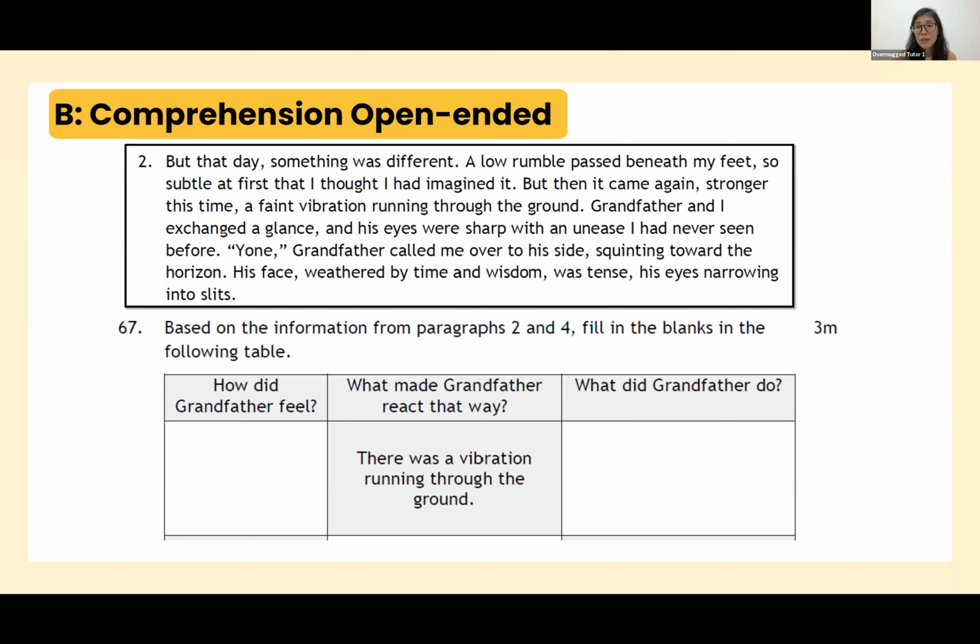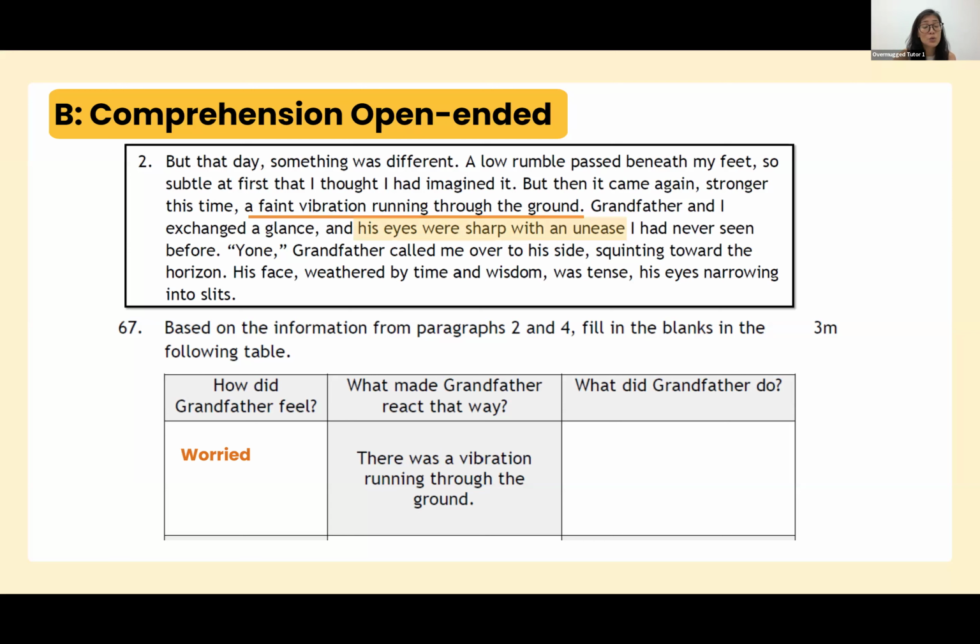Now, this keyword is the same keyword that you can find in paragraph 2. So look around this clue. How did Grandpa feel at that point in time? You'll notice that Yone says his eyes were sharp with unease. So how did Grandpa feel? Grandpa could have felt worried. He could have felt uneasy as well. Both answers will be fine.